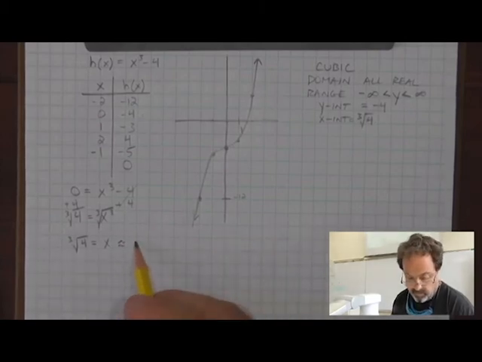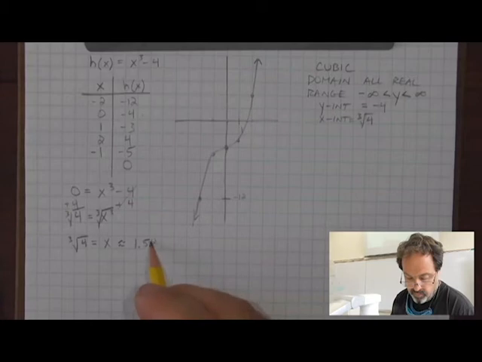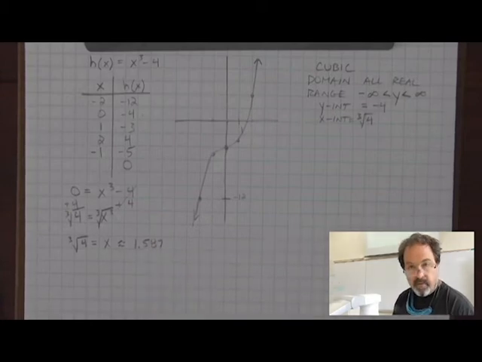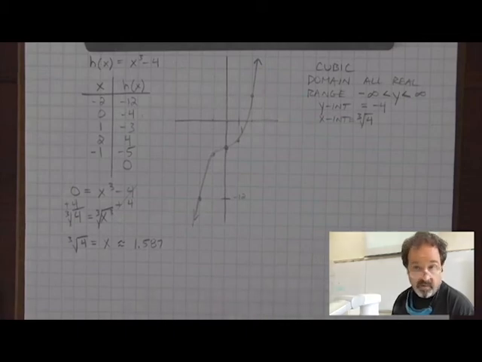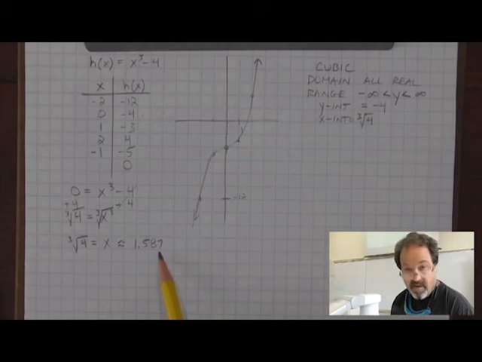And if I do, I could punch it into a calculator. I've done that earlier, and I get the approximate value 1.587. And the calculator showed me more numbers past the 1,000th place. But to be accurate enough, when you need to approximate, get in the habit of approximating to the nearest 1,000th. That's the third decimal place.